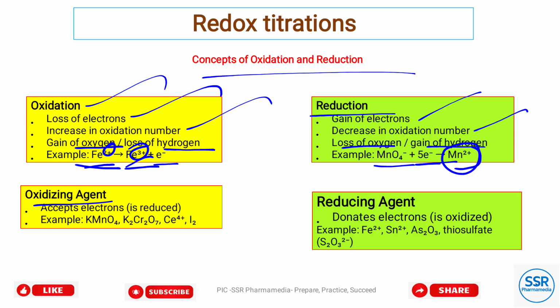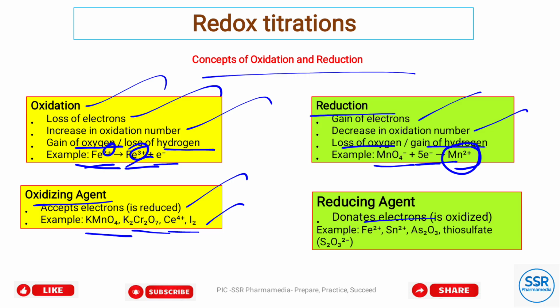Next, examples of oxidizing agents. They accept electrons and are reduced. Examples are potassium permanganate, potassium chromate, ferric ion and iodine.